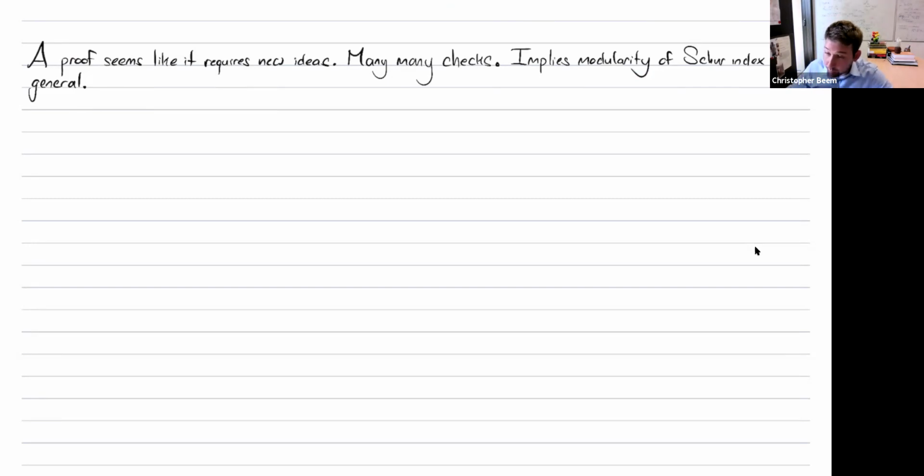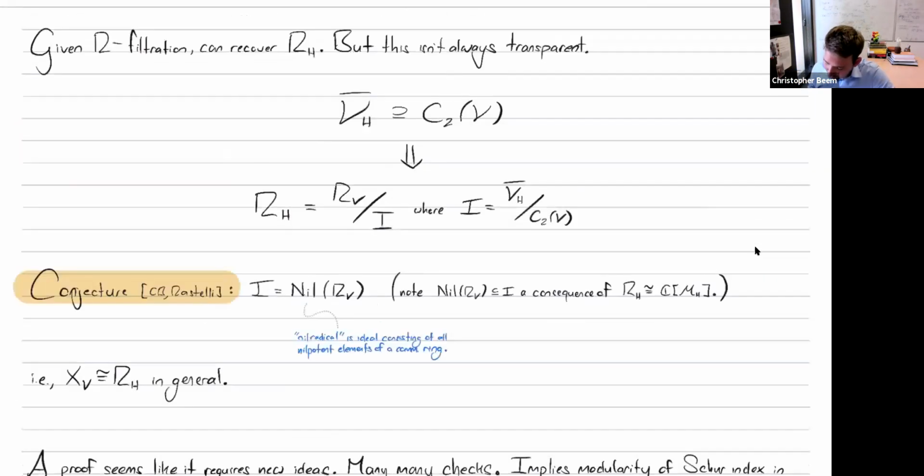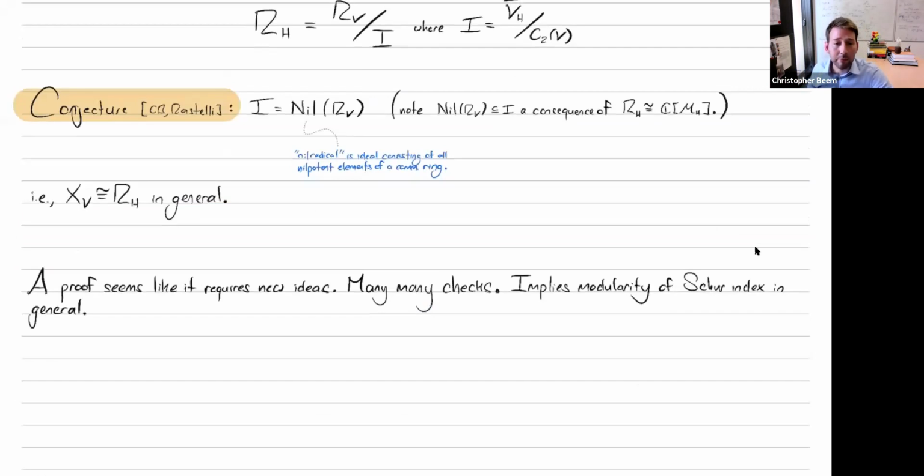And that weak check has been performed in an overwhelming number of cases. Even the nilpotency check is something that we've seen in a whole lot of examples.